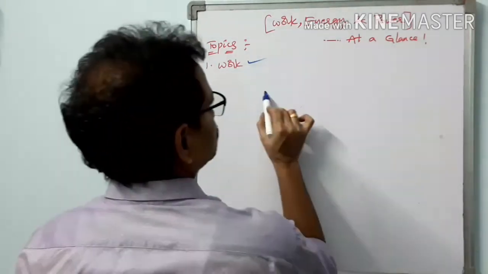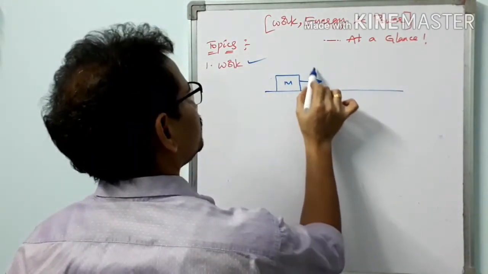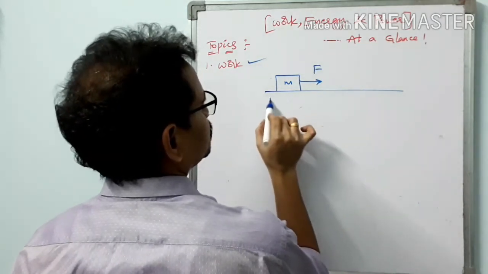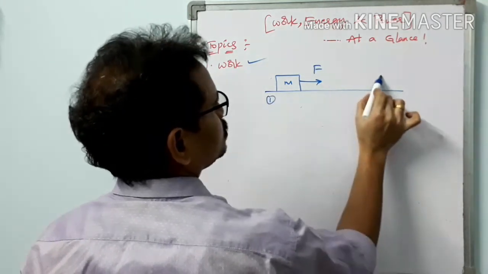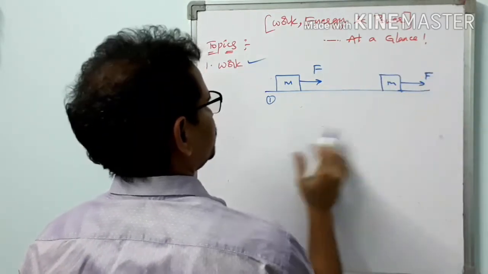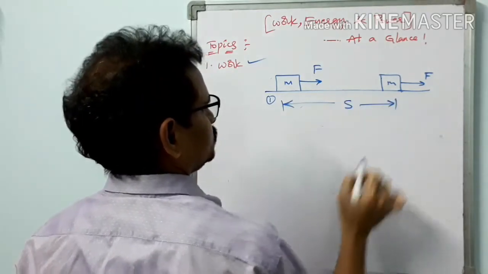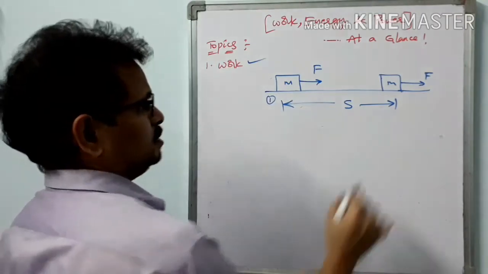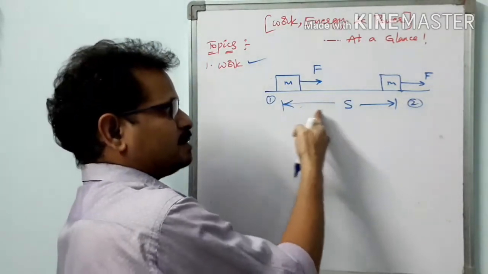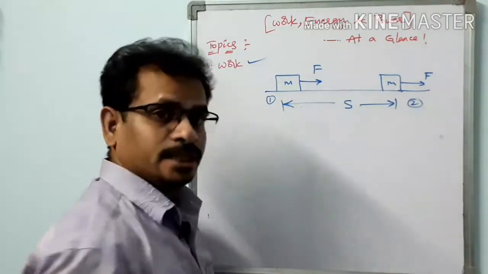Suppose a block of mass m is there, a constant force F is acting on this one and it displaces it from position 1 to position 2. Let us suppose that the force is acting along the x direction, and displacement is also along the x direction.